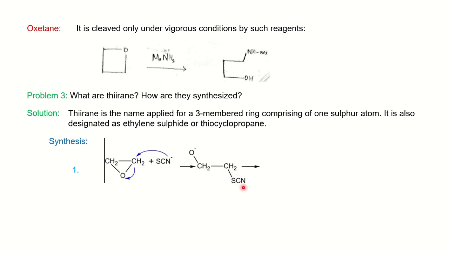In SCN, carbon is the electrophilic center, so this oxygen will attack the carbon, and the negative charge will come to the nitrogen. Following the loss of OCN, the negative charge will be accommodated by sulfur, and it eliminates OCN, giving you the three-membered ring containing sulfur. This is how we have designed thiirane from oxirane, or ethylene sulfide from epoxide.